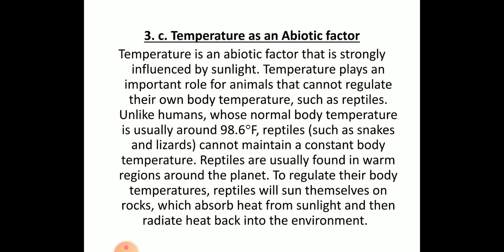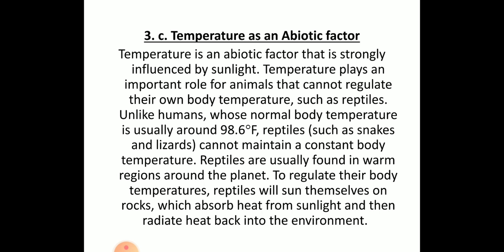Next, temperature as an abiotic factor. Temperature plays a very important role both in plants and animals.